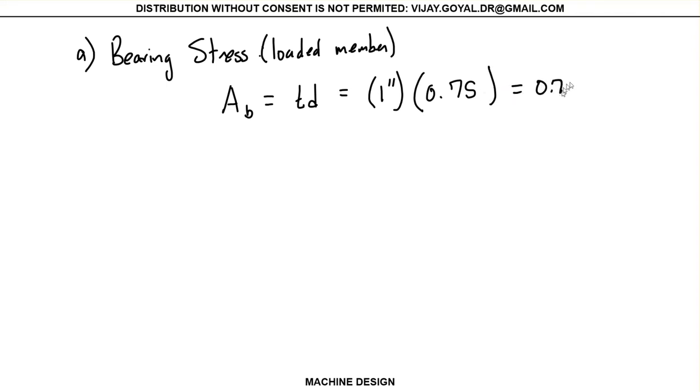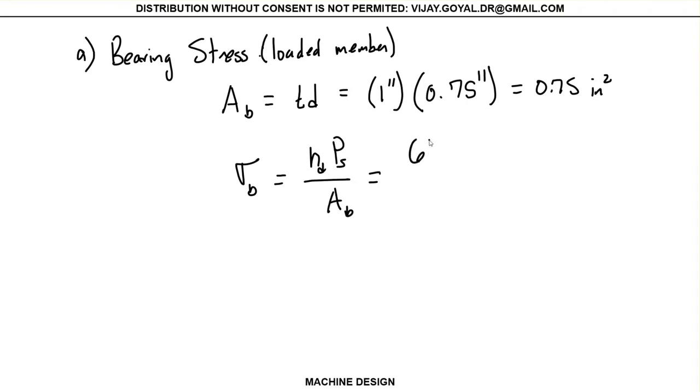This gives you 0.75 inches squared. Then your bearing stress will be your factor of safety times PS divided by AB.